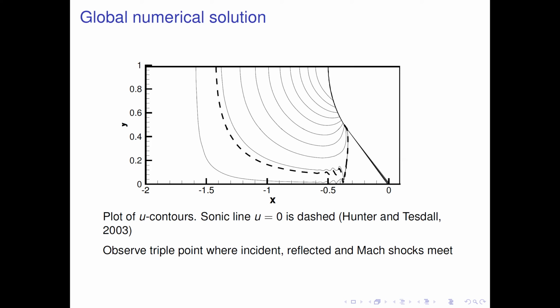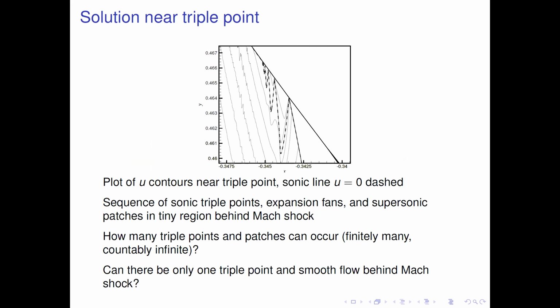Now, again, you see here a triple point, or apparent triple point, where 3 shocks meet. And again, that triple point is not consistent with the jump relations. So here's another blow up by Allen Tesdall of what's happening in a tiny, tiny region near the triple point.